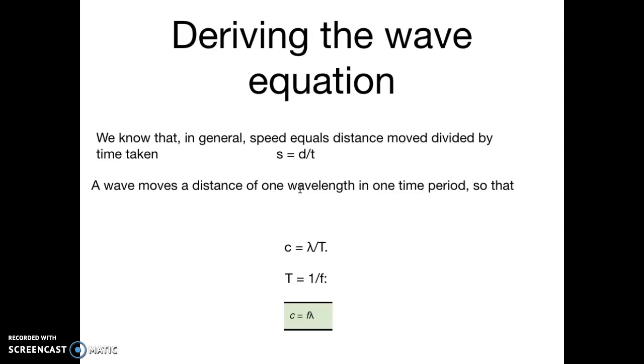How long does it take 1 wavelength to move through the medium? It takes 1 time period, t. So speed equals lambda, wavelength, over t. And t is equal to 1 over f. So if we plug that in, lambda over 1 over f, we end up with the wave equation of speed equals frequency times wavelength. And that's it.